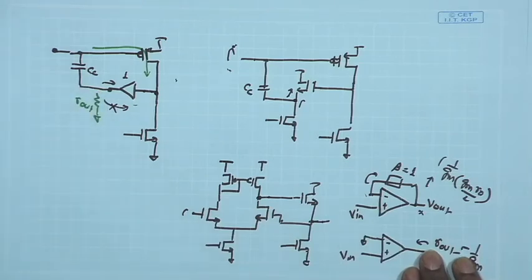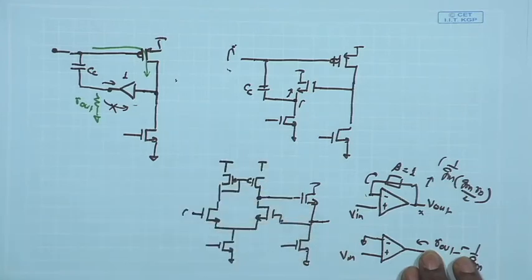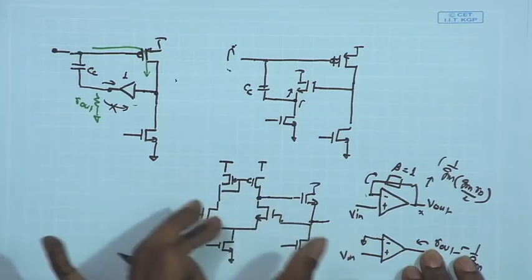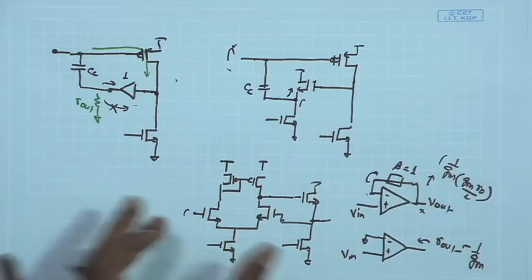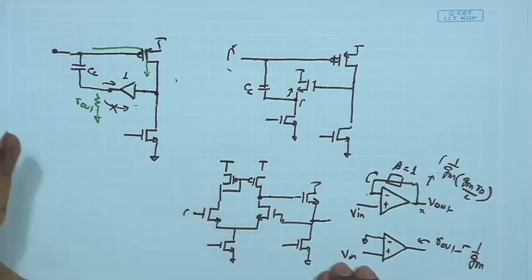So, by this method we will be able to relax the gain requirement of this stage, and therefore, we can trade off with the bandwidth, with the similar amount of bias current, or maybe a fraction of bias current used for the main amplifier.